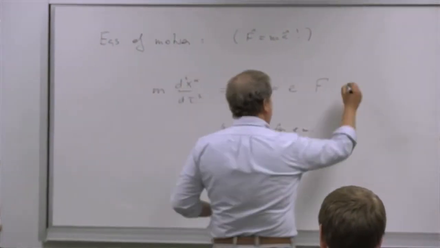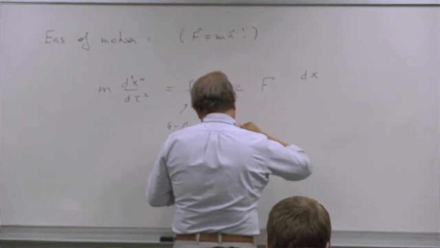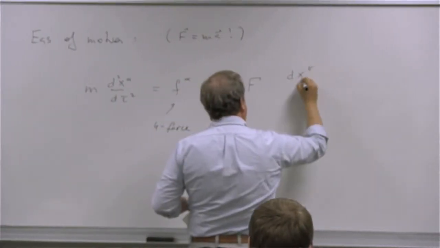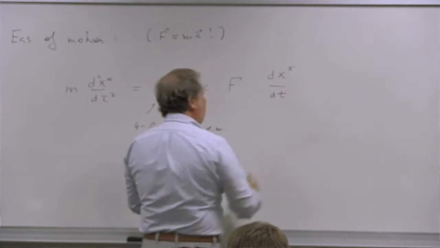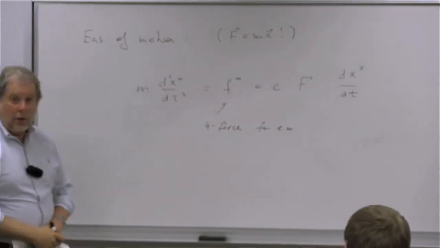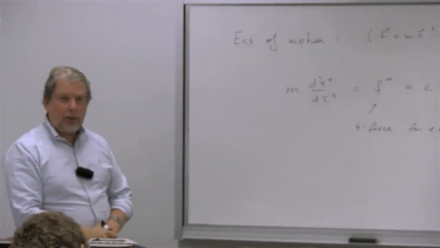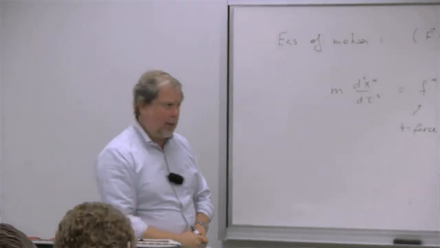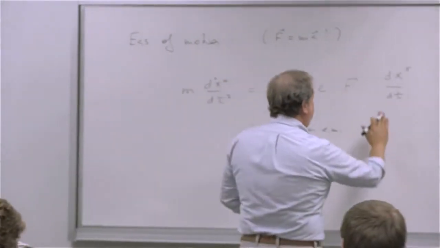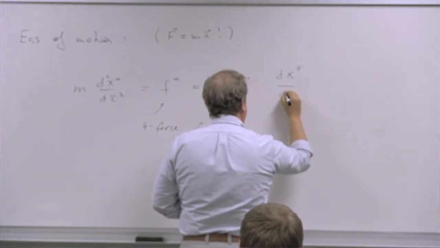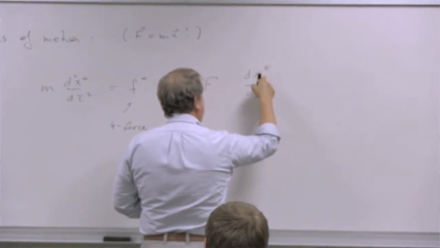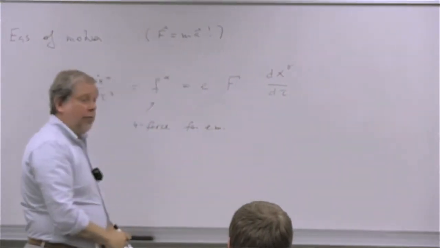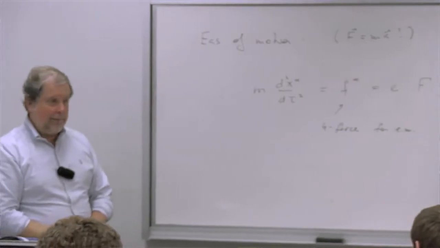So we're going to write the velocity as dx gamma by dt. No, because we cannot use the t, because the t is coordinate dependent. So a better candidate would be d by d tau, and that should work, because that turns a 4 vector into another 4 vector because the proper time is an invariant.